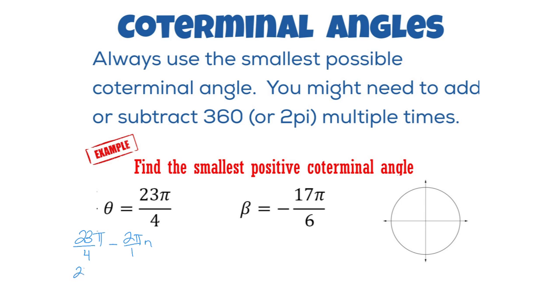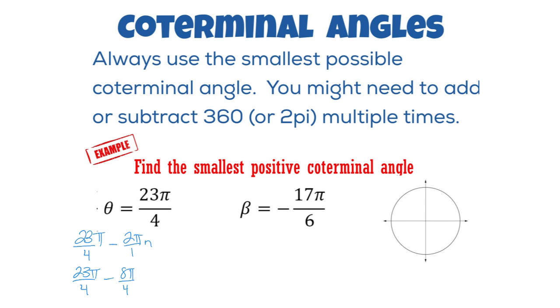Okay, so I'm going to take my 23 pi over 4, change that to 8 pi over 4, and just keep subtracting. If you need to go to your calculator, you can just take 23 and subtract 8. Now I'm at 15. I'm going to subtract 8 again. Now I'm at 7. Now I'm going to subtract 8 again.